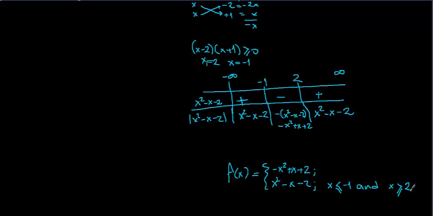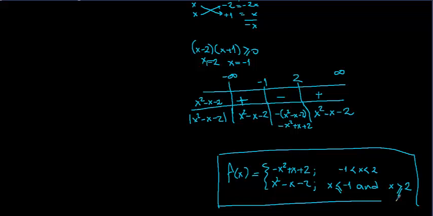Here, greater or equal to 2 and smaller than minus 1, these are positive sides. That's why I add the 0 to the positive side, because non-negative it should be. And here, between minus 1 and 2, the function is negative. That's why we multiply by negative sign and we made it positive, if you remember. So in this interval, the function should be like this, and this is the piecewise form of the function.